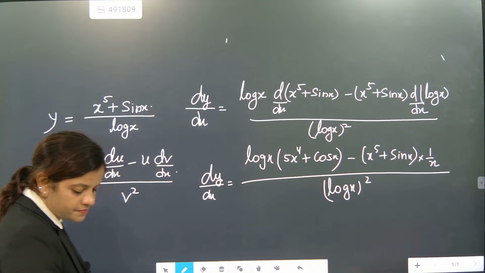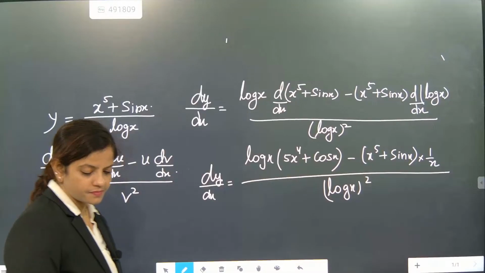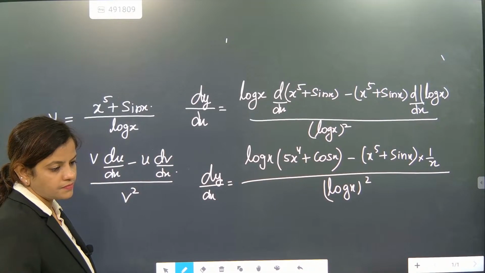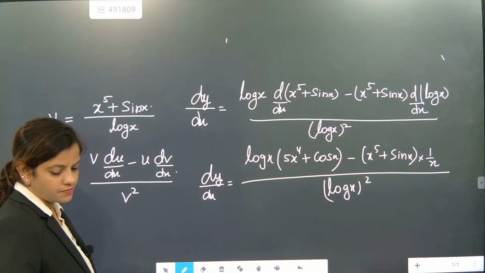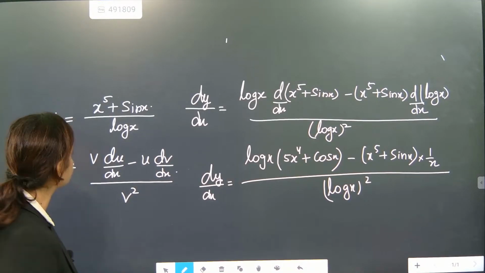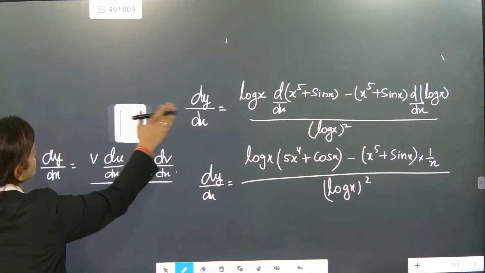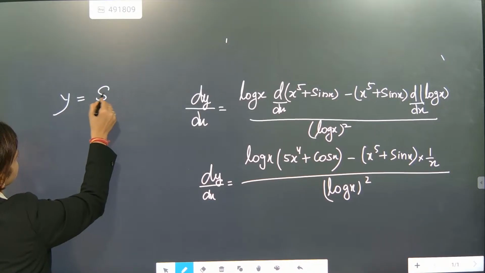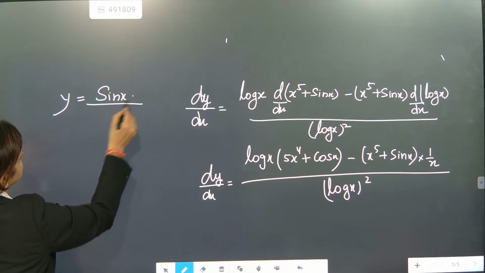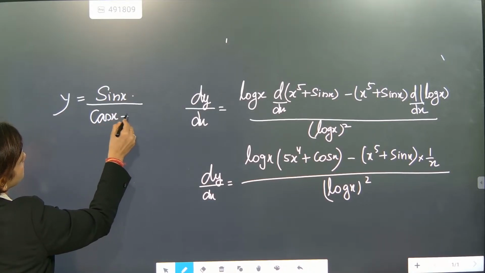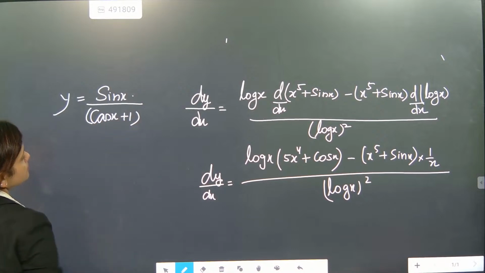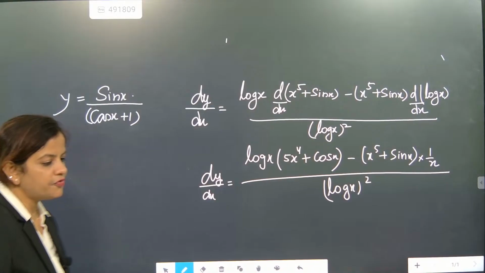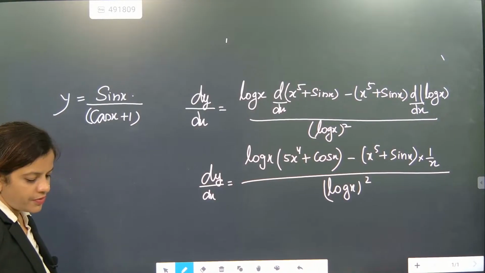Is it done? We'll go for next level question. Differentiate it. Try solving this question, beta. Differentiate y is equal to sin x by cos x plus 1.